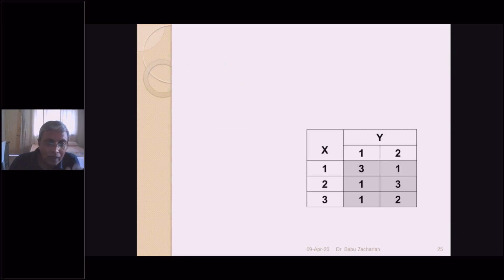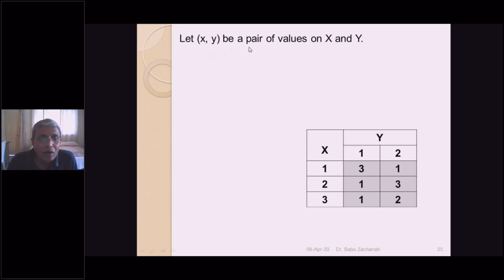Okay, now I copied that table here. I want to introduce some notations. First notation is this: let X, Y be a pair of values X and Y. And the joint frequency of X, Y is given by f of x, y.